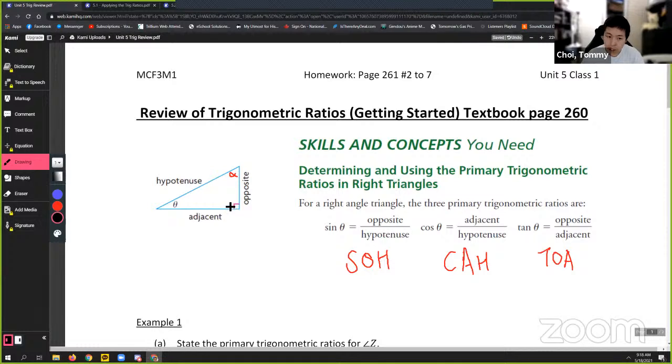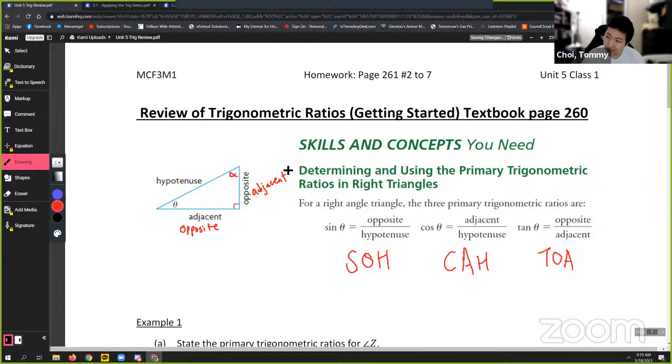The things that do change are the opposite and adjacent. If we follow the rule for opposite, we go from the corner all the way across until it reaches the other side. The adjacent side for theta is now the opposite for alpha, which means the opposite for theta is now the adjacent for alpha.